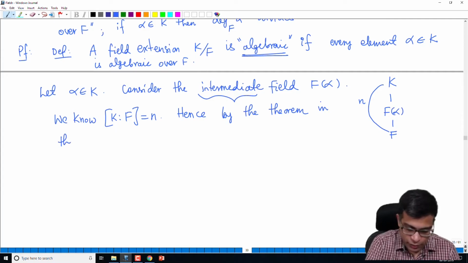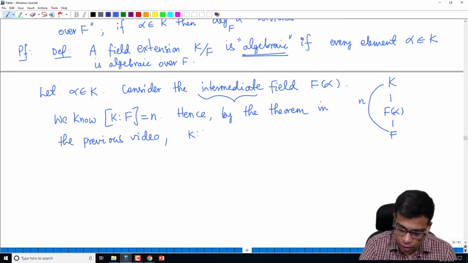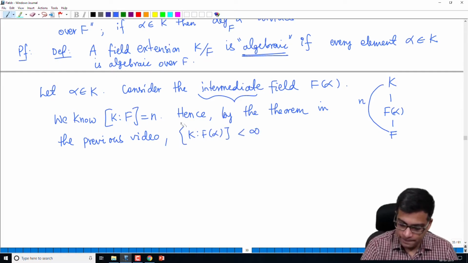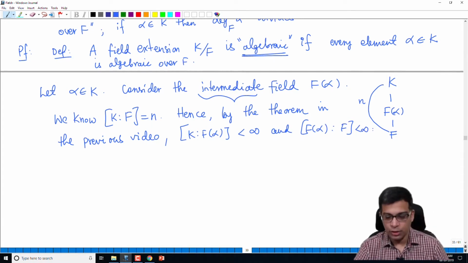in the previous video, the multiplicativity of the degree, remember, K colon F(alpha) is less than infinity and F(alpha) colon F is also less than infinity. Why is this?